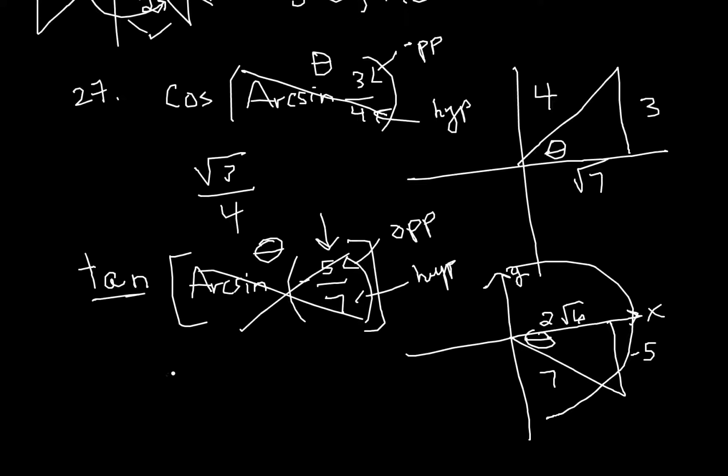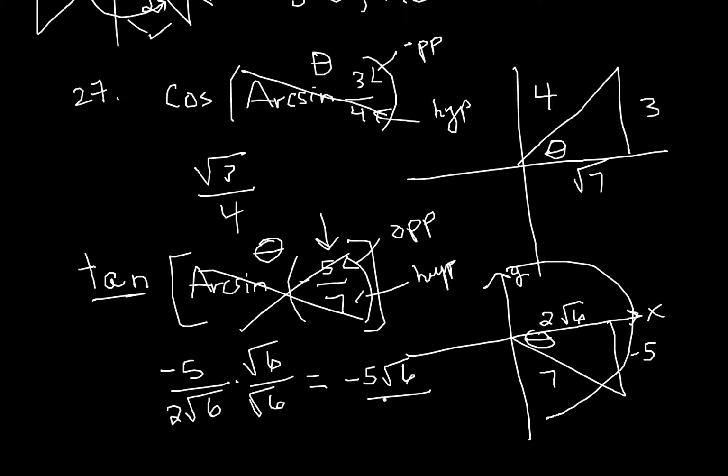So tangent of theta is going to be opposite over adjacent. 2 square root of 6, and then we can't leave it like that. We have to rationalize. So we get -5 square root of 6 all over 12. And that's your final answer.